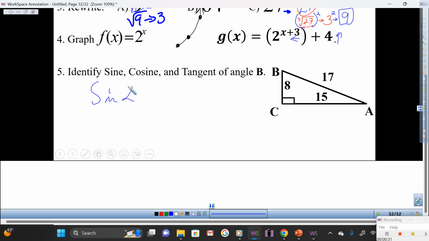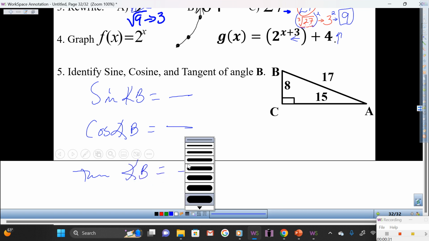All right, our favorite. Sine angle B, cosine angle B, and tangent angle B. Tell your neighbor what you got, please, for those 3.